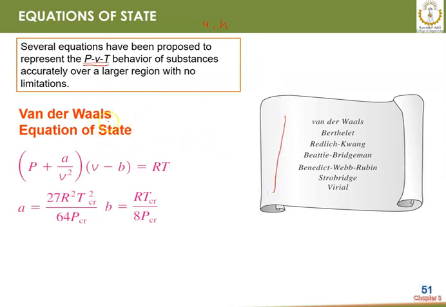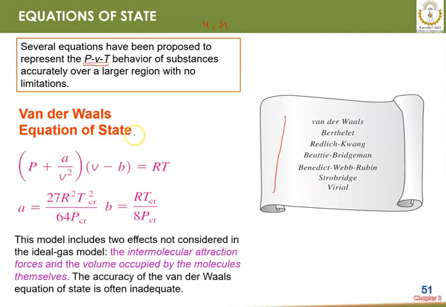One of the well-known relations is the van der Waals equation of state, and in this equation the intermolecular attraction forces and the volume occupied by the molecules are two factors that are taken into account, which are not taken into account in the ideal gas equation that we are going to use in this chapter.